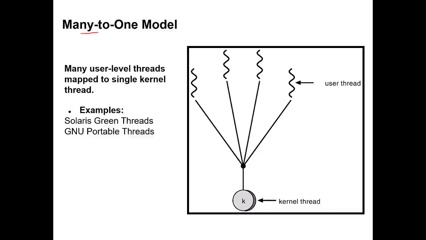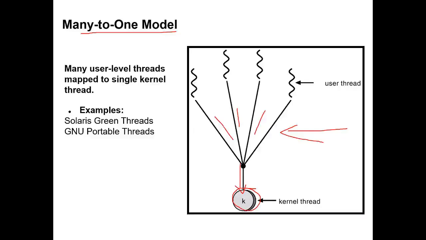First we will see the many-to-one model. In the diagram you can see there are many user level threads and a single kernel level thread. So many user level threads are managed by a single kernel thread.